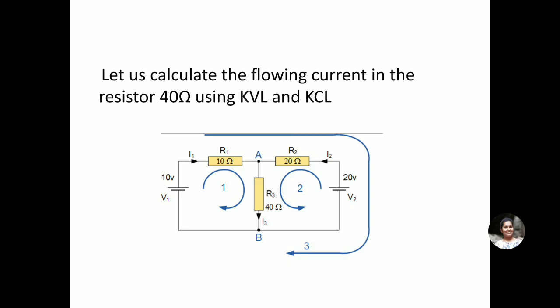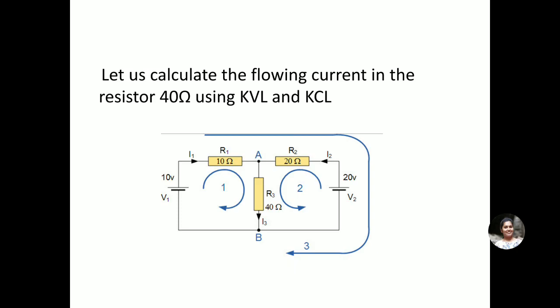The first node is A, a junction point for terminals of branches R1, R3 and R2. Likewise, B is a node, a junction point for the branches R3 and the voltage branches V1 and V2. This is the basic idea of what we get from seeing this circuit.